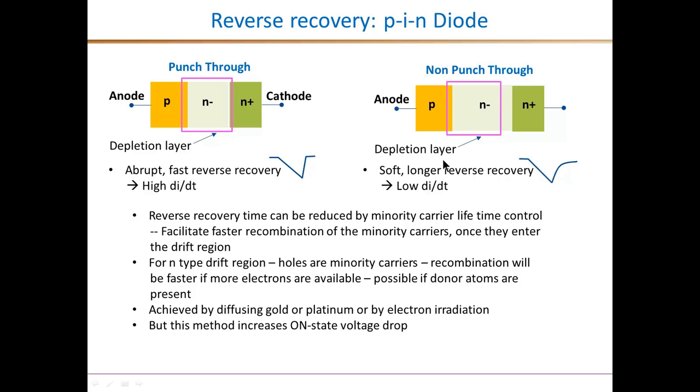So this can result in a softer but slightly longer reverse recovery process as shown here, and both have their applications. But the key point is that the on-state drop and recovery time are competing requirements for the silicon pin diodes, and that involves a careful trade-off.